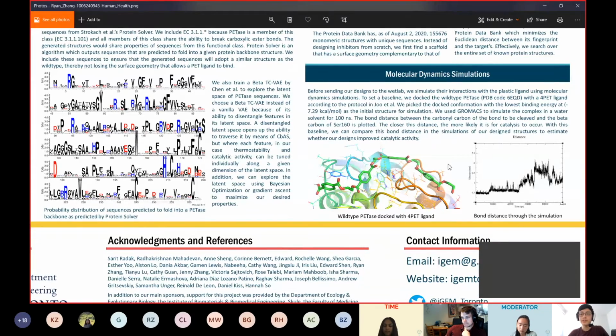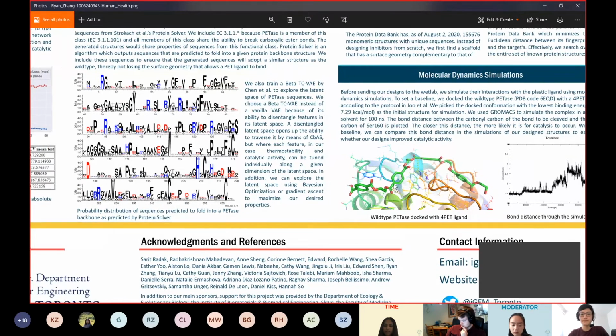And we measure the bond distance between the carbonyl carbon of the bond to be cleaved and the beta carbon of Ser 160. And so you can see that in this graph right here. So this is a good baseline for us to compare future designed proteins to evaluate their stability and their relative activity.